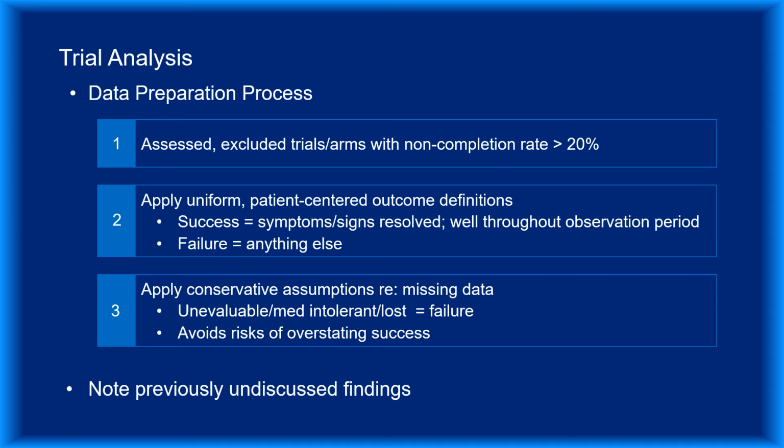Since most patients won't equate ongoing symptoms with a success, this analysis used patient-centered outcome definitions. Success was defined as the complete resolution of the rash and all Lyme-related symptoms without evidence of relapse during the observation period. Failure was anything short of that. Applying these definitions resulted in the reclassification of some outcomes from successes to failures.